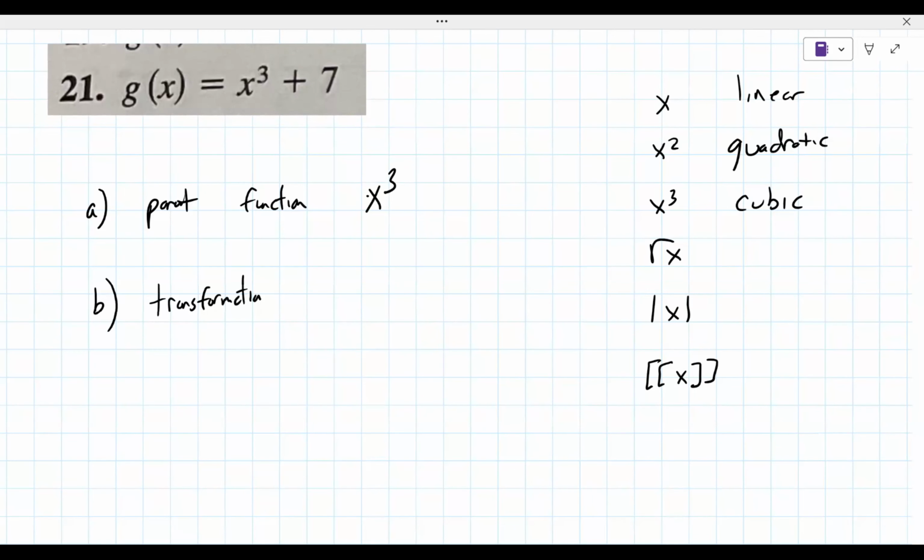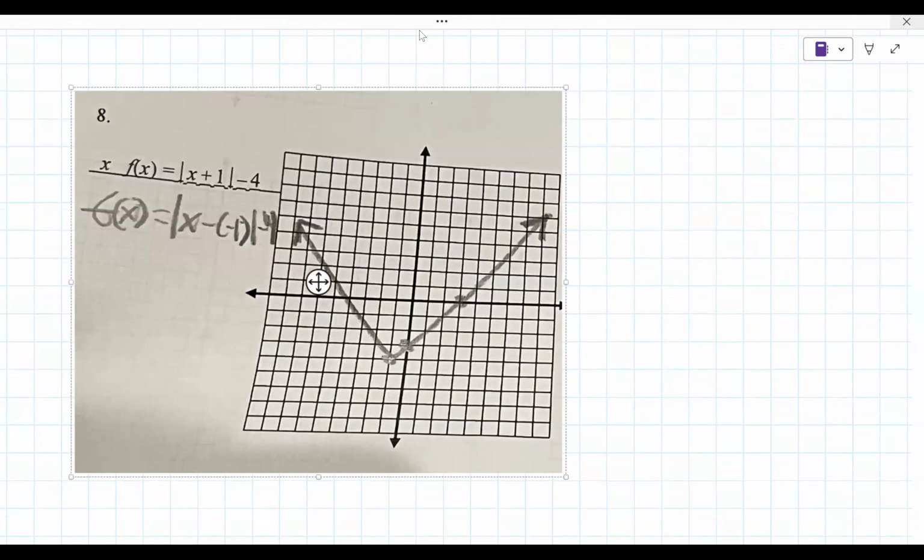I don't think we're looking at the same thing. Okay, so here is number 8. You said left 7, so there's where it starts. You're saying it goes left 7? You can see that it went to the left.